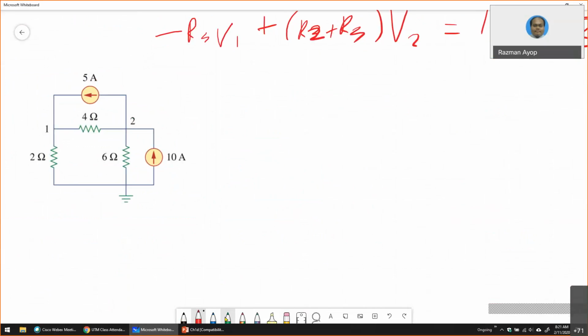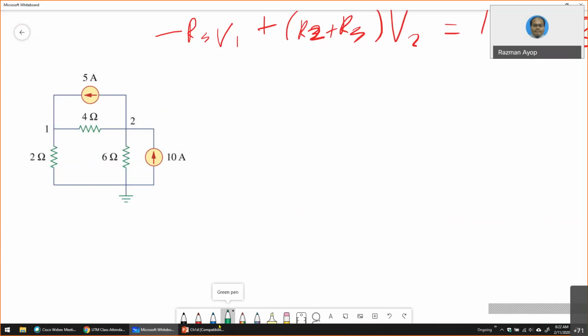You see here already give the reference node or the ground, so you don't need to assign anymore. And it's already give the node voltage. This one is V1, this one is V2. So you don't have to do the first and the second step. Only the third step, which is assigning branch current.